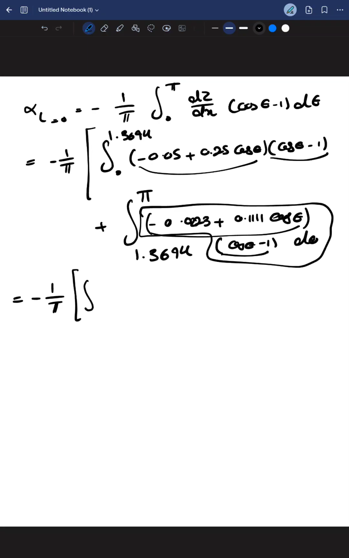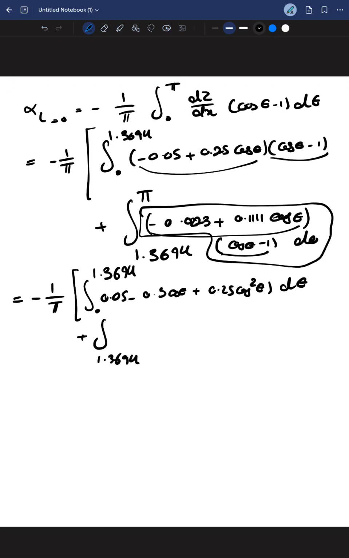We're going to get negative 1 over pi, integral from 0 to 1.3694 of (0.05 minus 0.3 cosine of theta plus 0.25 cosine squared of theta) d theta, plus the other integral from 1.3694 to pi of (0.0223 minus 0.1334 cosine of theta plus 0.111 cosine squared of theta) d theta.